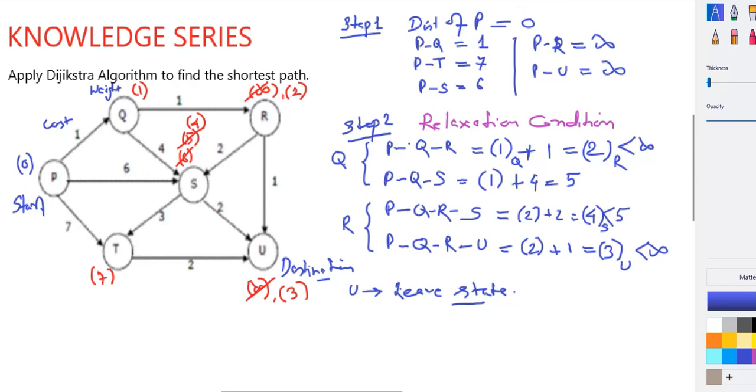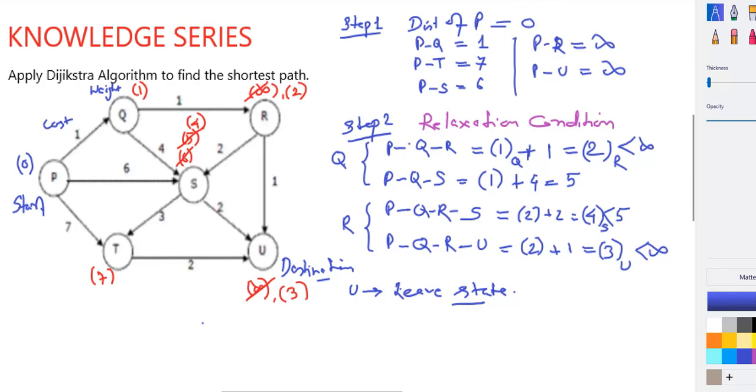Now we go to the next. The rest is between S and T, where S weight is smaller. So we go with S, and from S our next edge is going to T. So S to T is what? It is 4 plus 3, which is 7.